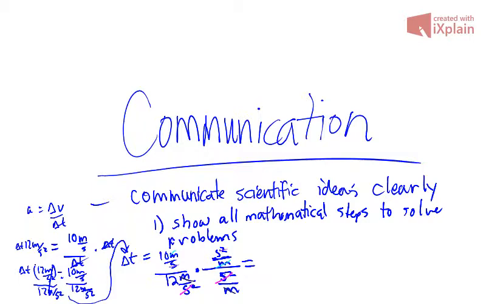And we're left with 10 divided by 12 seconds. 10 seconds divided by 12, or 0.83 seconds. So right here I showed you how to communicate scientific ideas clearly through the mathematical process.